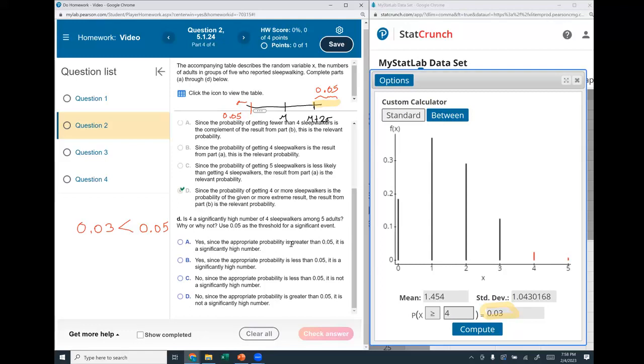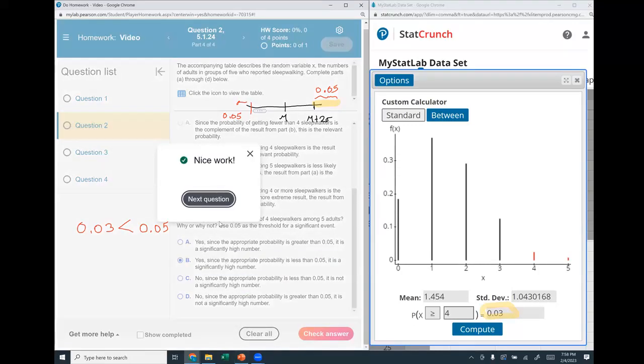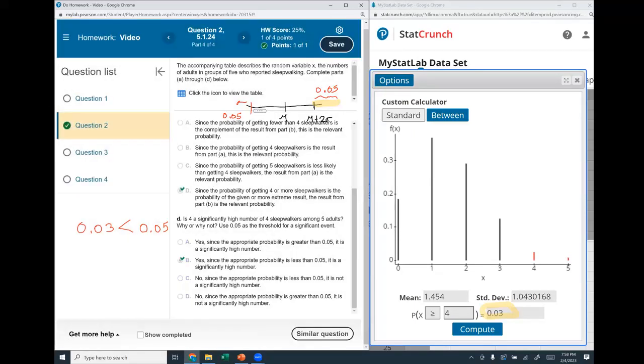Since the appropriate probability is greater than 0.05, no. Since the appropriate probability is less than 0.05, yes, it is a significantly high number. Exactly. Check answer. And there we have it. Erase what I have here.